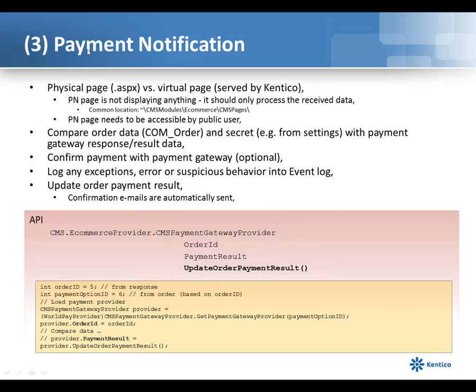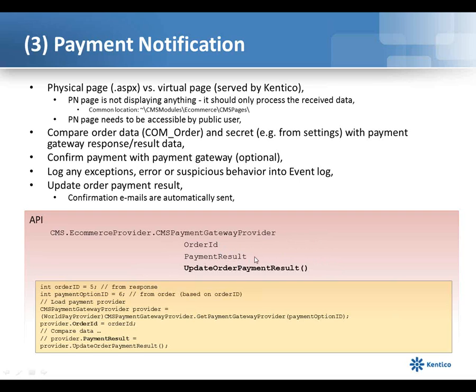So what we want to do within the payment notification page is to get an instance of our payment gateway provider, the one that we actually created. And now the only two things that I need to populate are the order ID, which I can usually get from the response from the payment provider, and a new payment result. That payment result can be populated from the information I'm receiving from the payment provider.